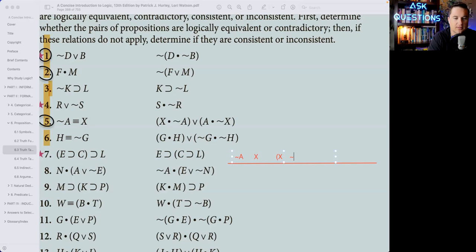X, not A, wedge, and not X. Okay, and we need a couple ands, and we need a triple bar.